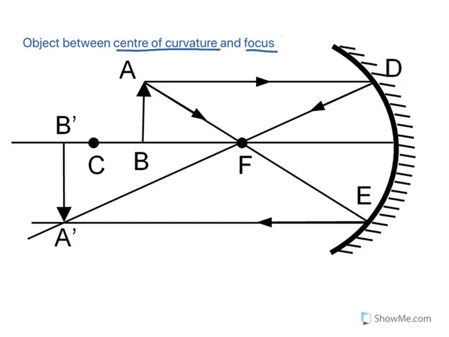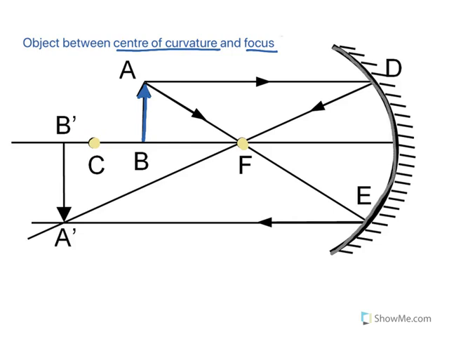Object between the center of curvature and focus. So here is the center of curvature, this is the focus, and the object is kept between the center of curvature and focus. So here is the object. So first you keep your compass at the center of curvature and you draw the mirror.